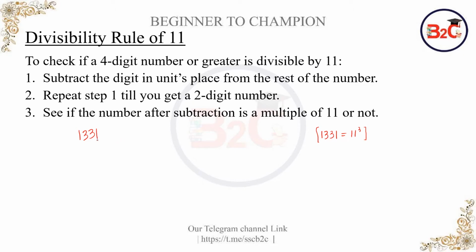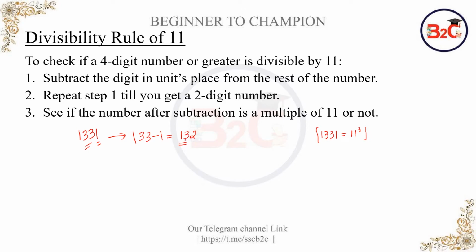Okay. So in the first step, we subtract the digit in the units place from the rest of the number. So from 1331, we can write 133 minus 1, which is 132. Now if you see here, the number we obtain after subtraction is a 3-digit number.